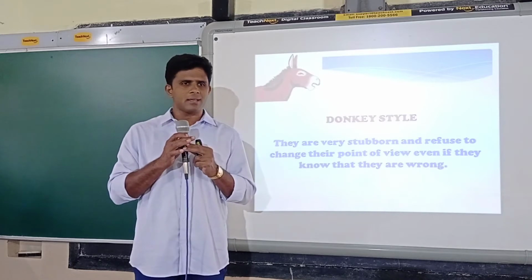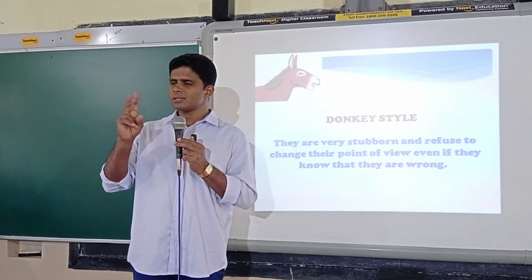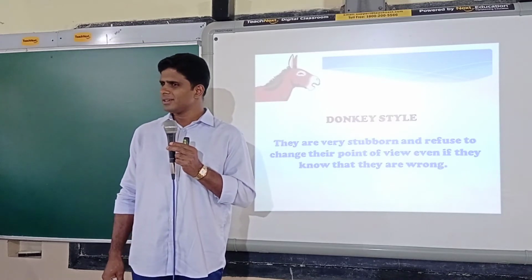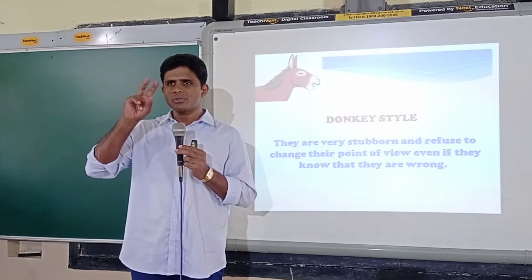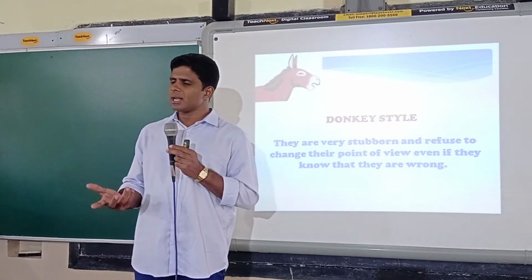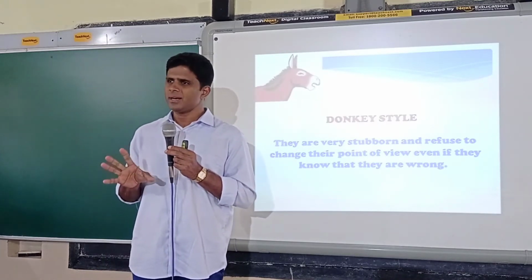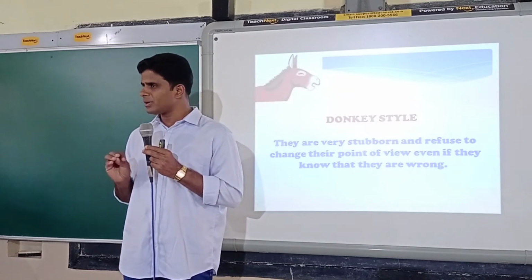Their argument is that the rabbit which I have got has got two horns. We know the rabbit doesn't have horns, but they argue that it has. Stubborn, like a donkey, they will not change.